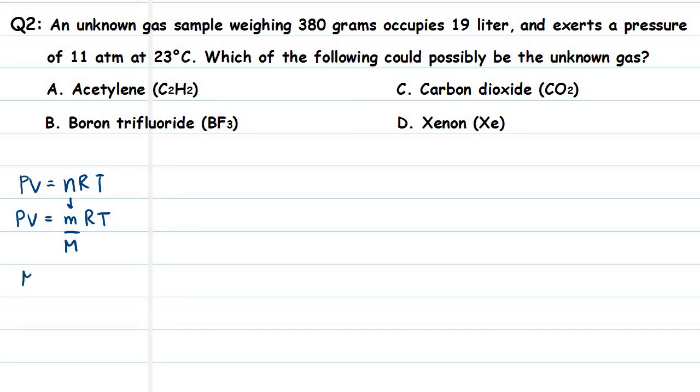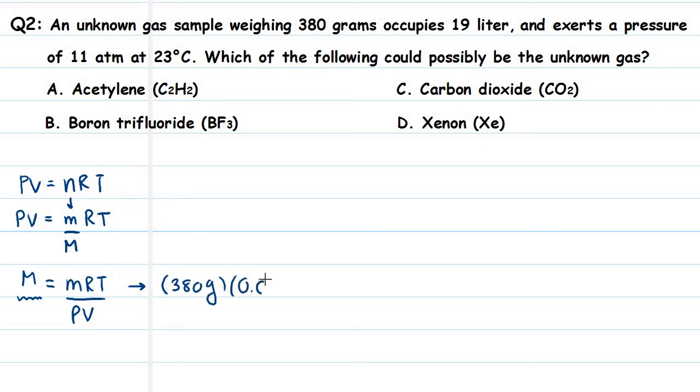Of course, the molecular weight is going to be equal to mRT over PV. So as long as you can find the molecular weight here, you can go up there to the A, B, C, D multiple choice and see which one matches, and that's the answer. Alright, so let's try. So m equal to 380 grams.